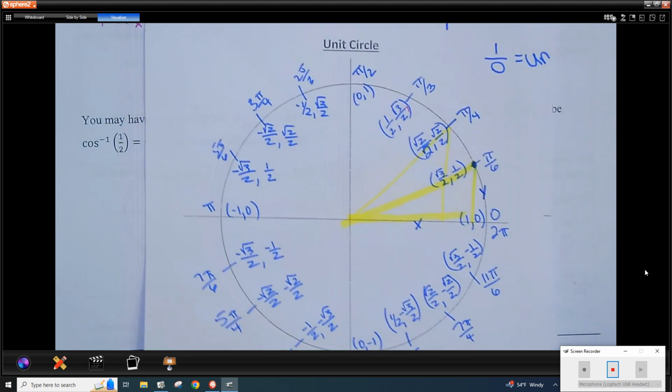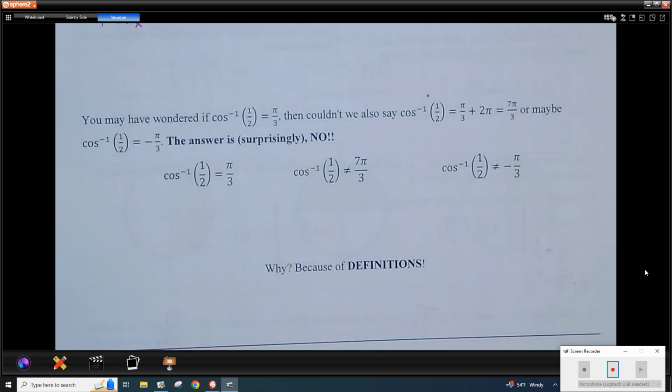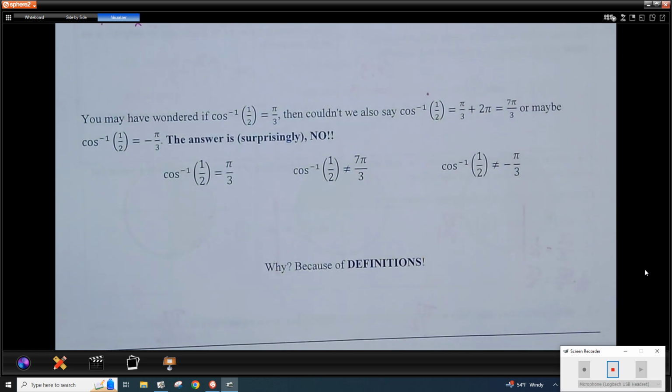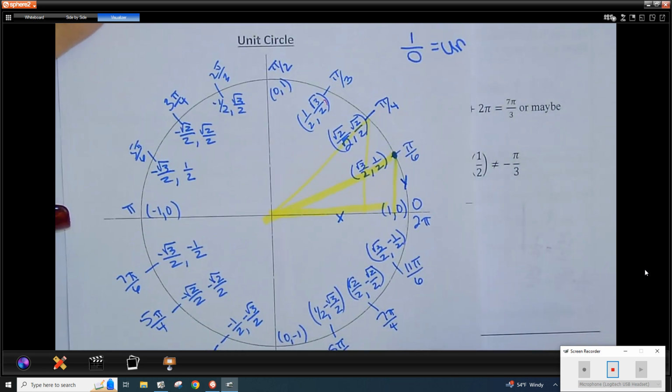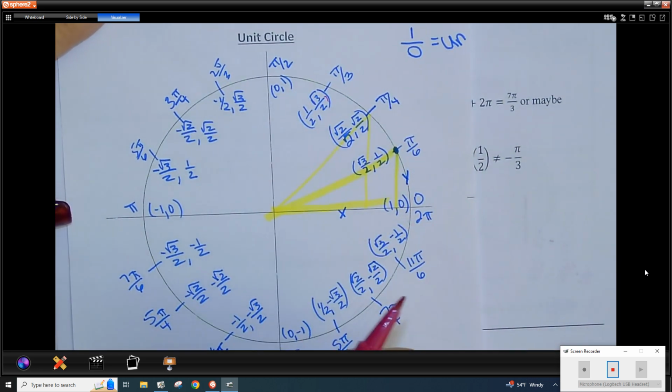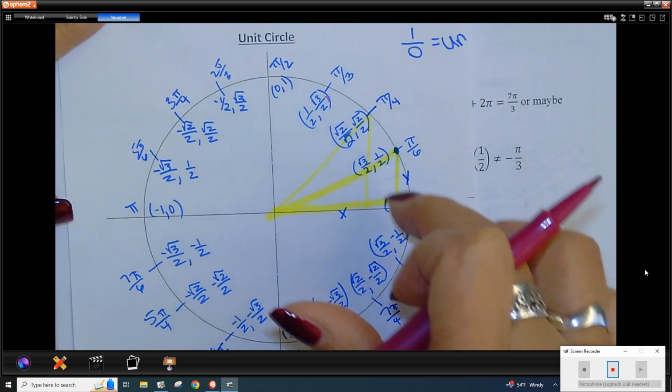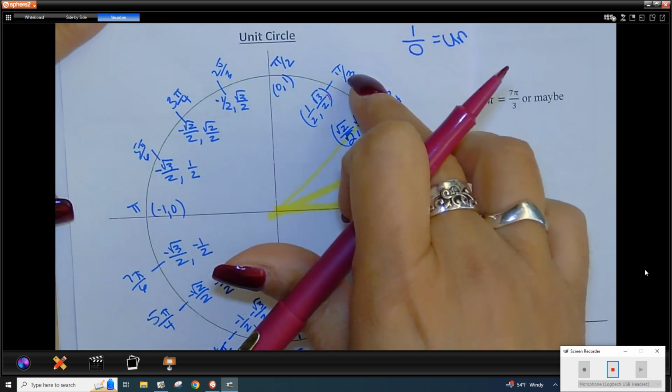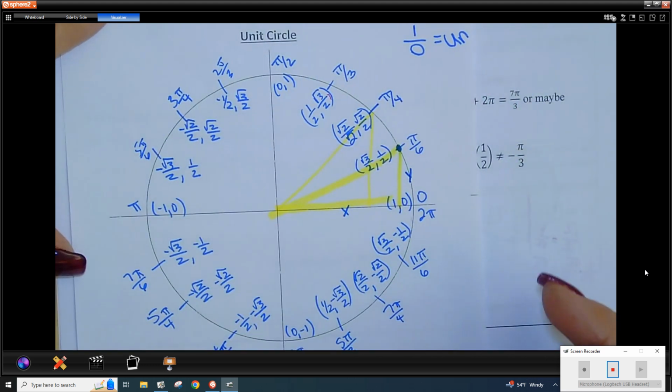Well, 7 pi over 3. Oh, that's over 2 pi. Yeah, you could keep on adding 2 pi, so this is 6 pi over 3, 7 pi over 3, on and on and on.